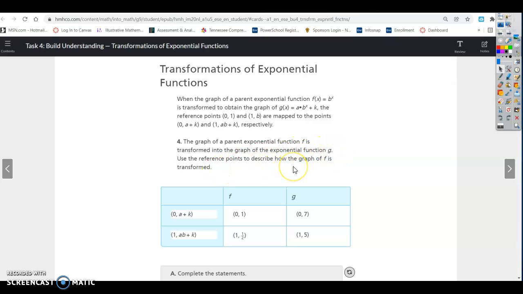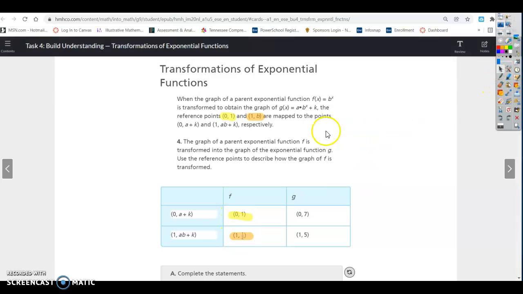Use the reference points to describe how the graph of f is transformed. All right, so these are your two reference points. This is (0, 1), okay? That's your first reference point. That comes from right here. And then your second reference point is (1, b), and that's given right here.